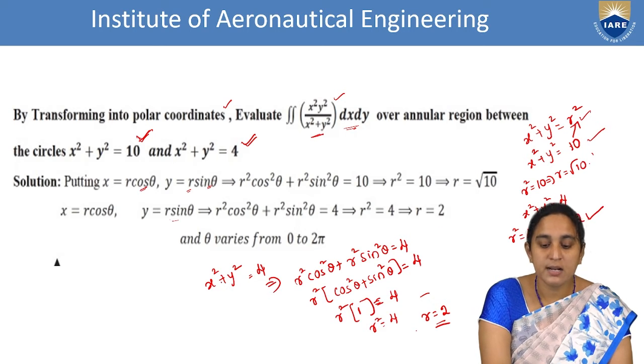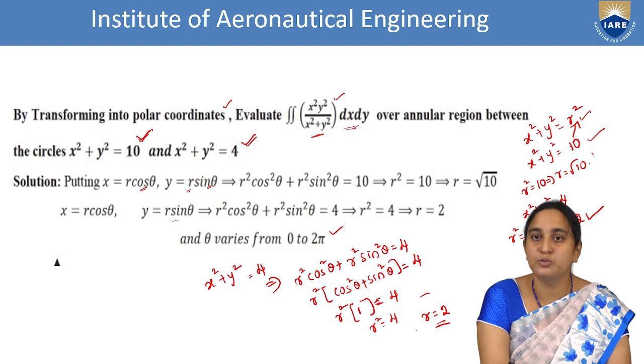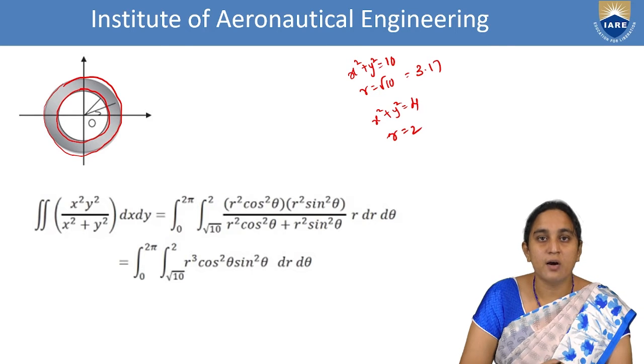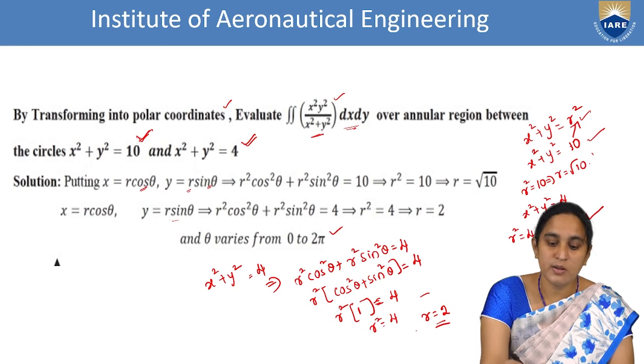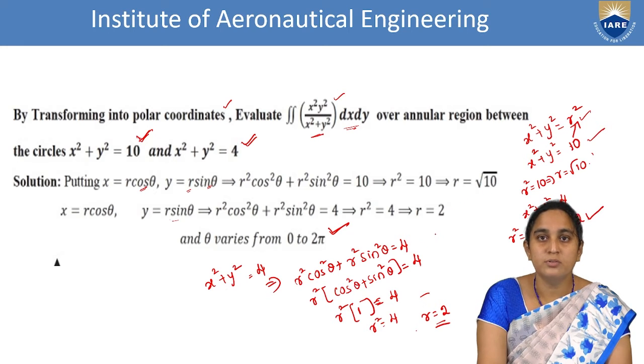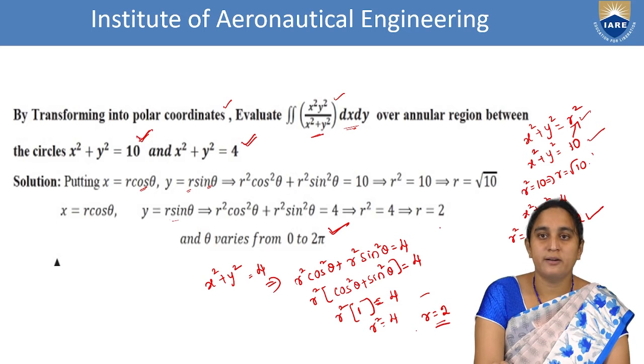And here theta varies from 0 to 2 pi. How do I take 0 to 2 pi here? Generally from the diagram, a circle always varies from 0 to 360 degrees. That's why I'm converting that. Here I'll take the limits for theta as 0 to 2 pi, and the radius r limits are root 10 to 2. That's why I'm taking root 10 to 2 here.